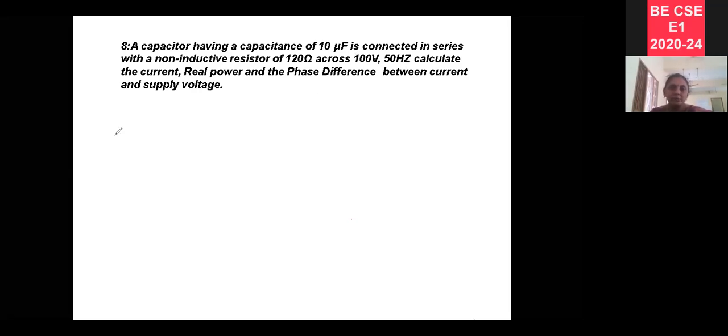Now as it is going to be an RC series circuit, whatever the problem might be, please draw the circuit, because drawing the circuit carries some marks. Please draw the circuit according to what you have understood from the problem. So this is going to be an RC circuit.